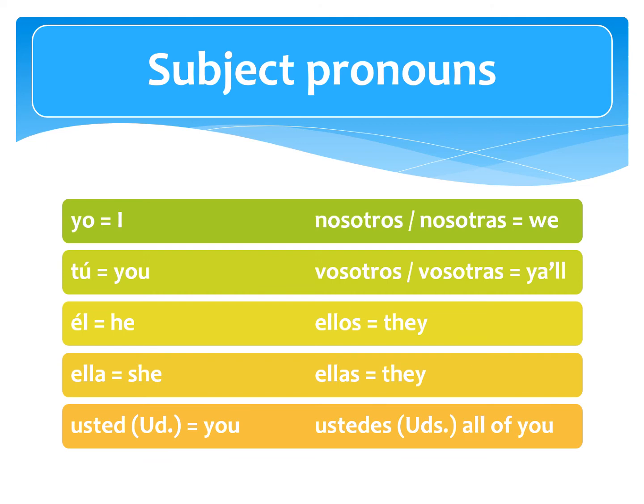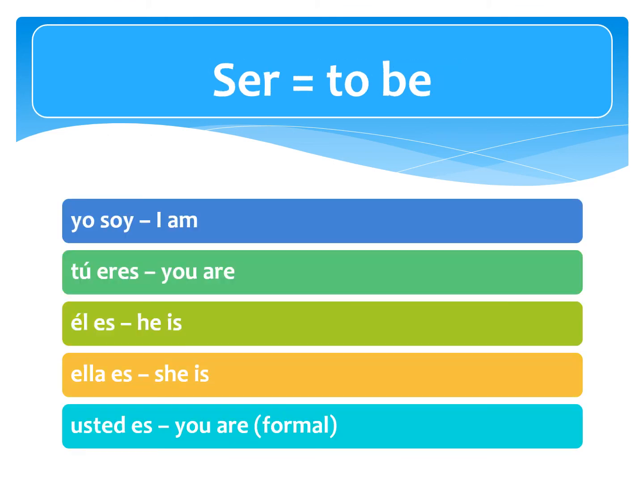Without it means "the." And then continuing on to our plural column, nosotros or nosotras, we. Vosotros, vosotras, y'all. Just used in Spain, it's informal. Ellos, ellas, ustedes. Ellos, they, ellas, they, for a group of all females, and ustedes, all of you, and can be abbreviated capital UDS, period. So very, very important that you know these subject pronouns.